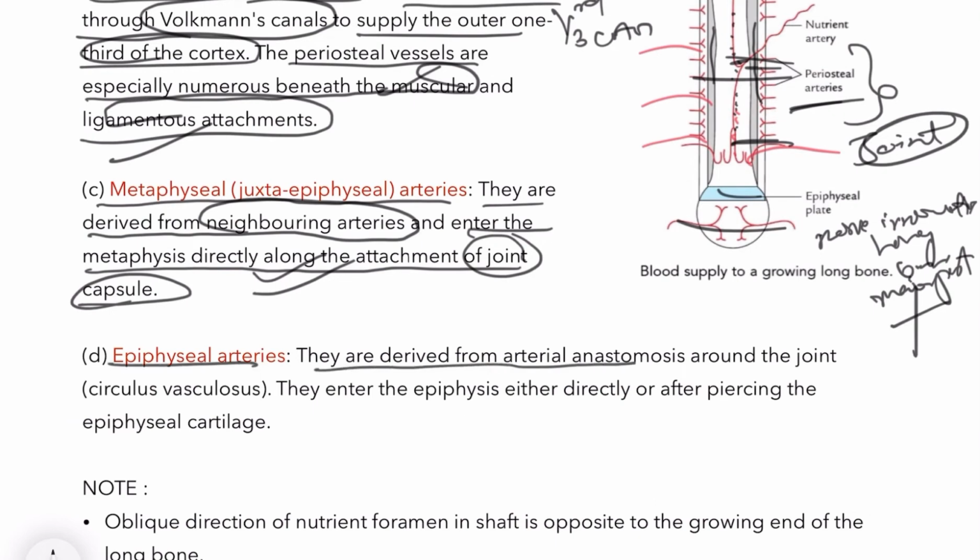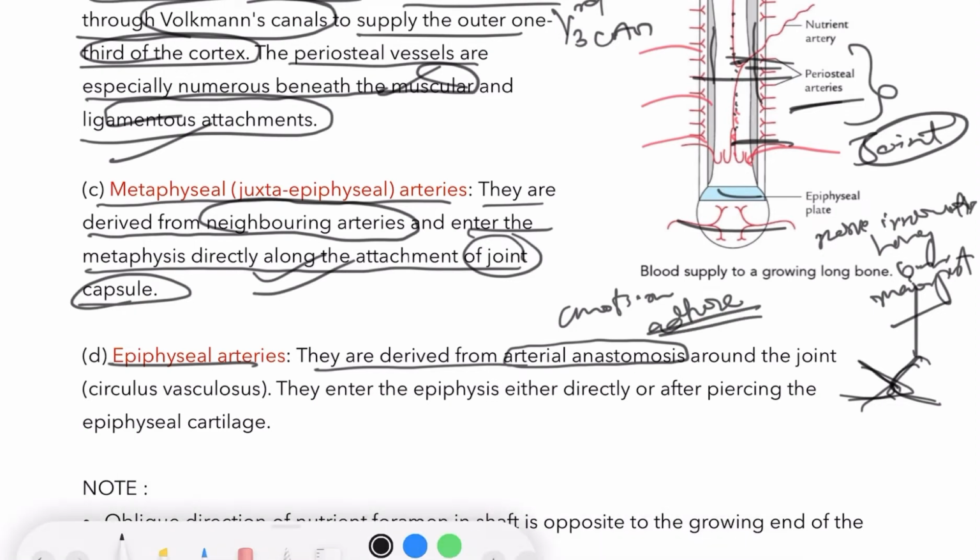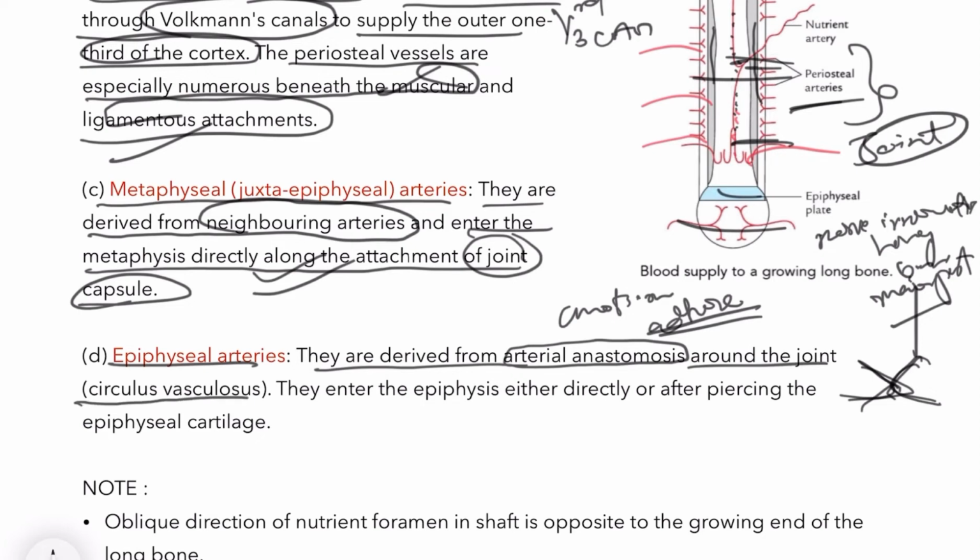Now epiphyseal arteries. They are derived from arterial anastomosis. Anastomosis means where two or three arteries join and form a junction. That is arterial anastomosis. For example, circulus vasculosus, which is a circumferential formation of arteries or veins.